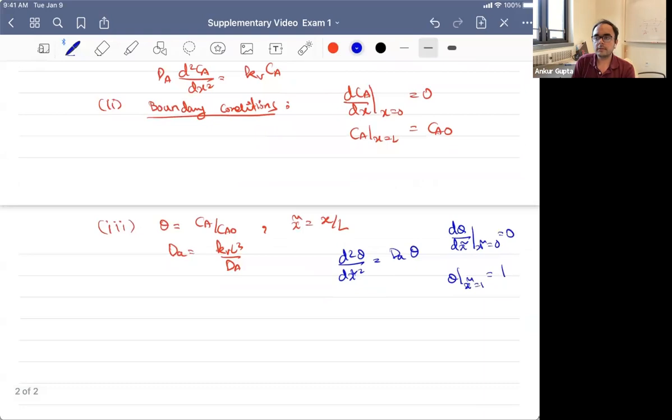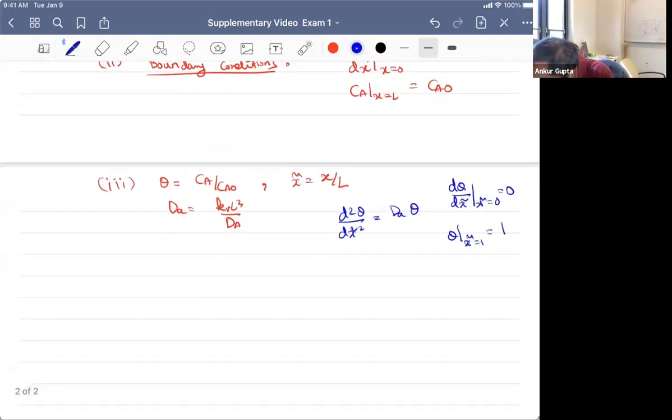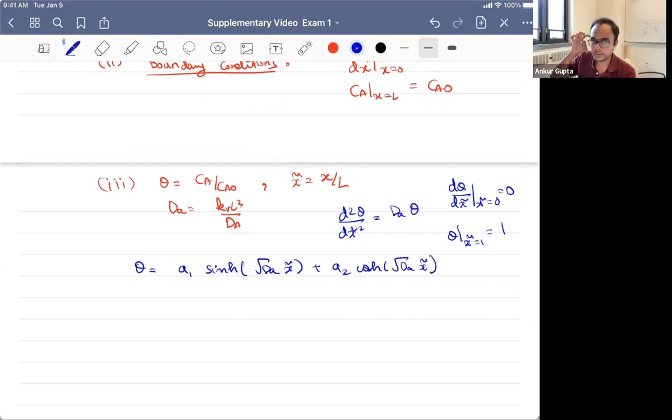Okay, so these are the equations and boundary conditions, and this is the same thing we had done in class. And what you can say is theta is A1 sinh of square root of Da x tilde plus A2 cosh of square root of Da x tilde, and then you can solve for A1 and A2 using the boundary conditions.